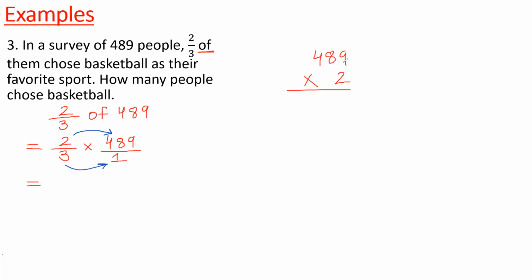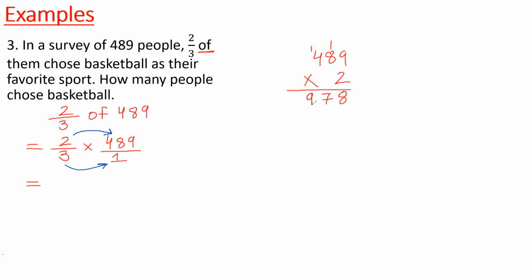What is 2 times 9? 18, sir. 18. So we put the 8 down. We put the 1 above. What is 2 times 8? I mean you, Bree. 16 plus 1 is 17. Very good. Then we add the 1. What is 2 times 4? 8 plus 1 is 9. Very good.